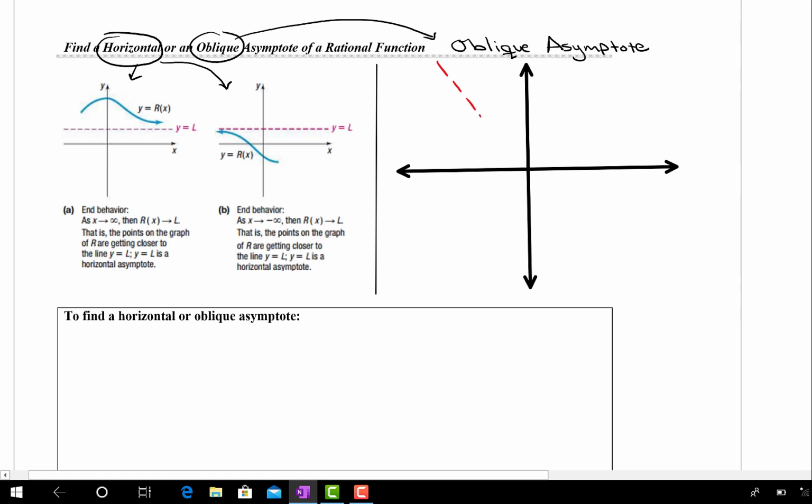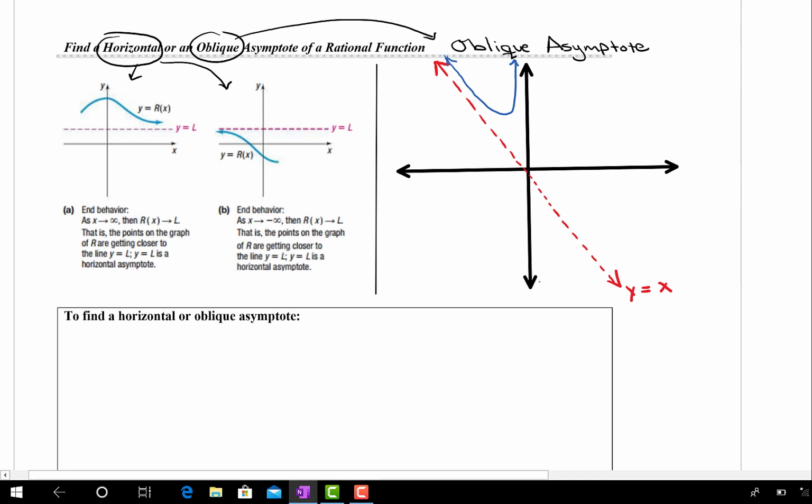I'm just going to draw a line here as an example, so you have an example in your notes to refer to. This dashed line that I'm drawing here at an angle, I'm trying to draw at a 45-degree angle. This is supposed to represent y equal to x. So this would be an example of an oblique asymptote or a slant asymptote.